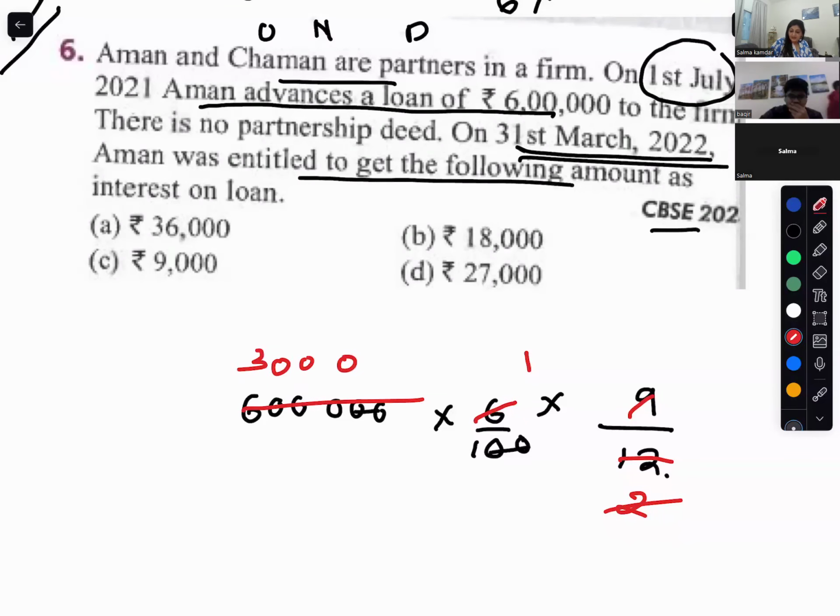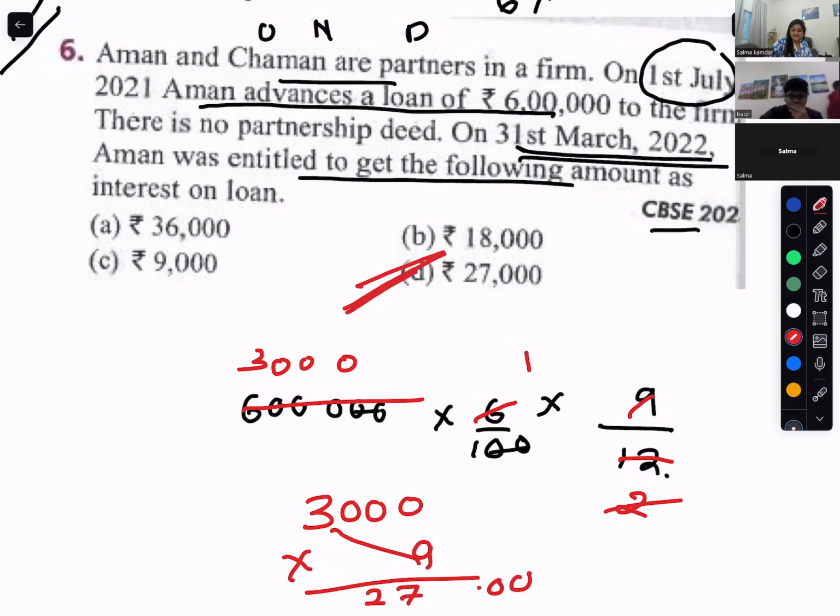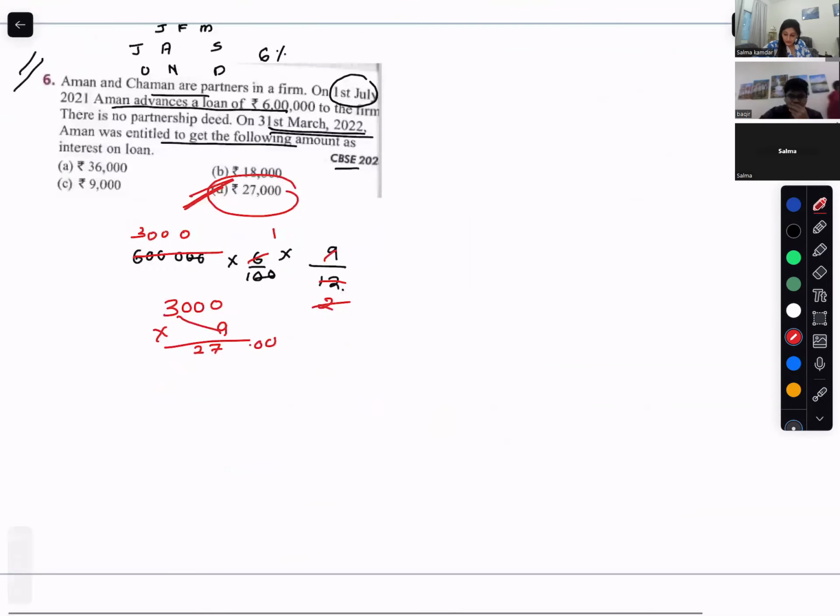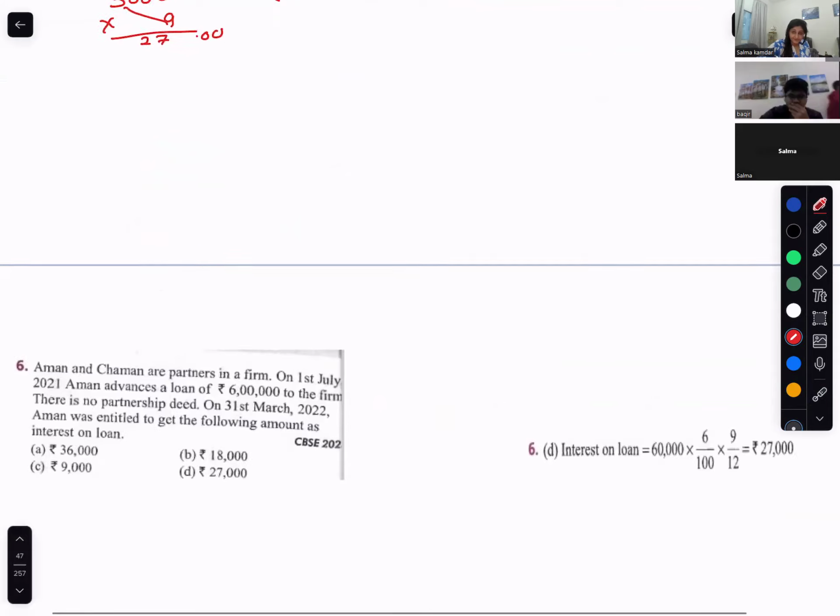So this will become 3,000, and 3,000 into 9. 9 threes are 27. So he will be entitled to get 27,000 as the interest on loan. So it is option D.